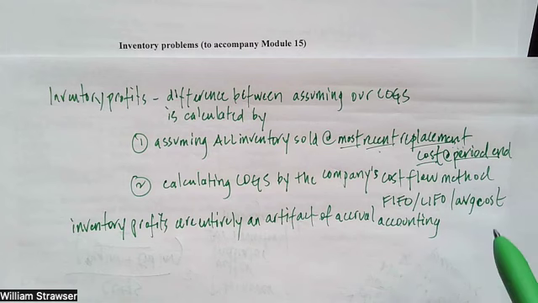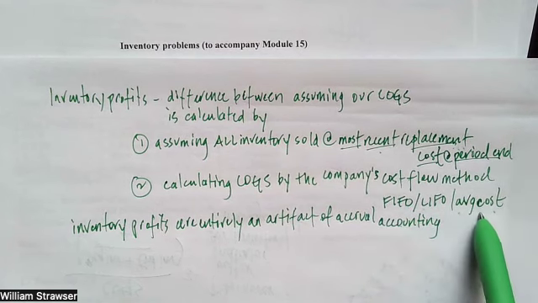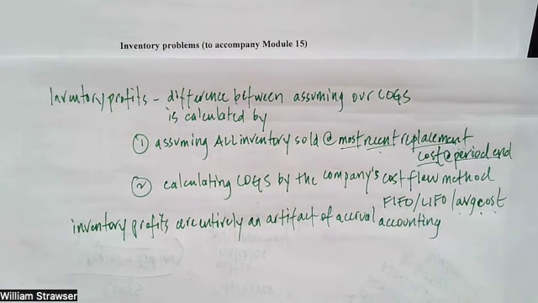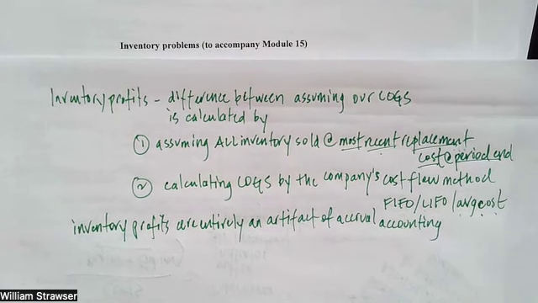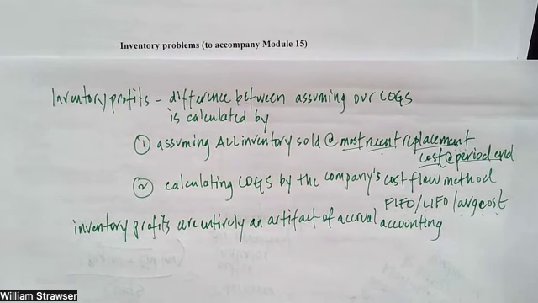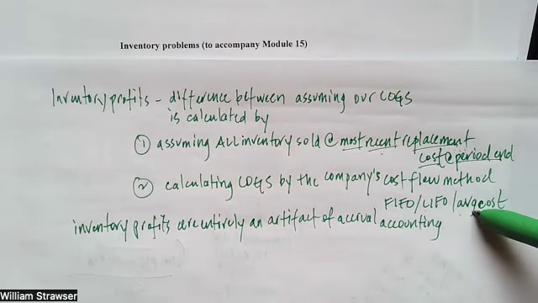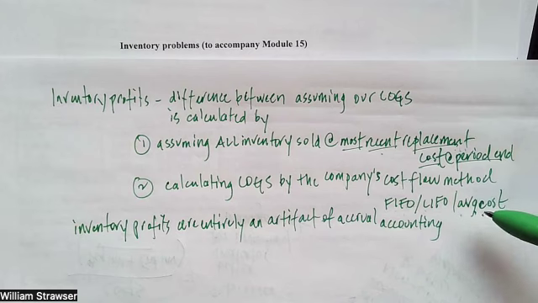Now, which of these three methods will produce the lowest inventory profits? Well, think about it in terms of the method that is most likely to grab recent price inventory costs, right? And consider those sold first.